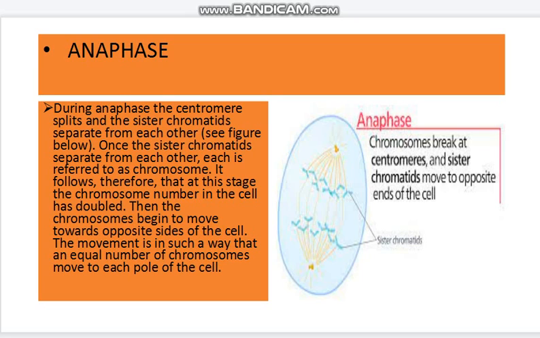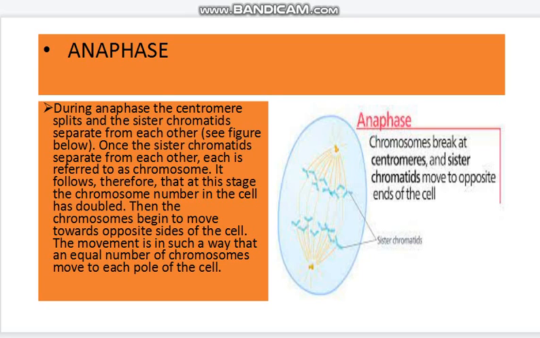After separation from the centromere they are called chromosomes, and so at this stage the chromosome number in the cell has doubled. Before it was not doubled, but in anaphase the chromosomes are doubled after they've split.